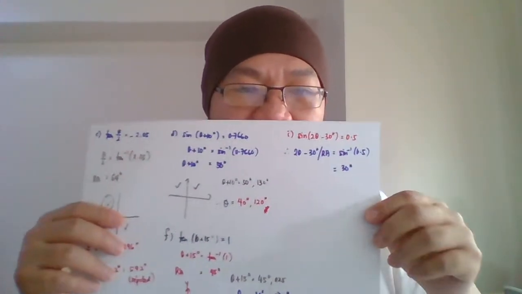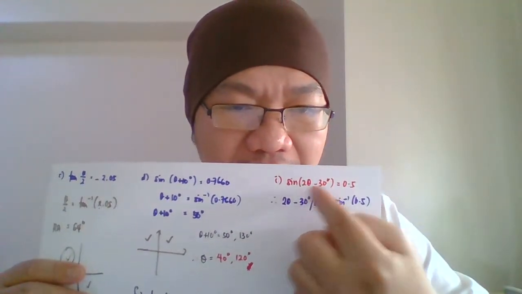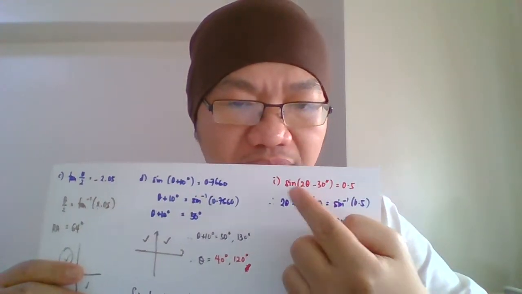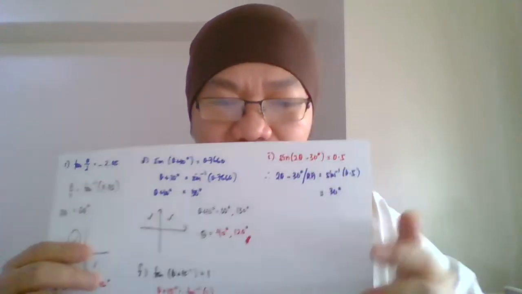Okay, so guys, question I. Our RA here, our reference angle after we inverse the sine, we are supposed to get 30 degree. So as usual, after we got the 30 degree, we need to draw the quadrant. Sine will be a positive value in the first and second quadrant.